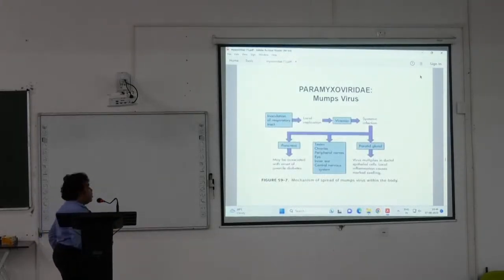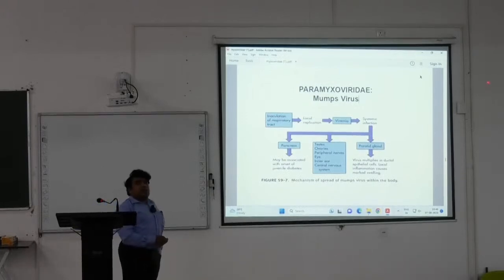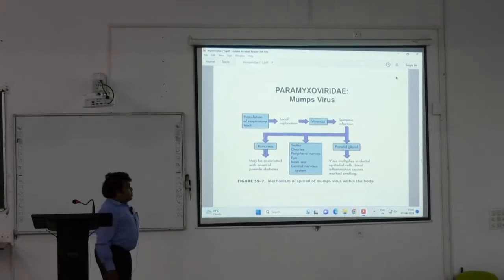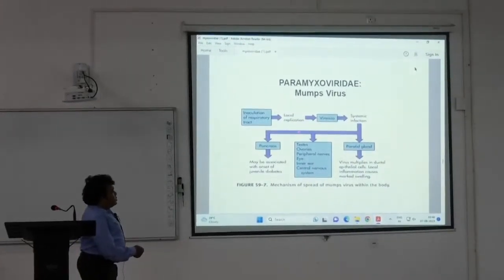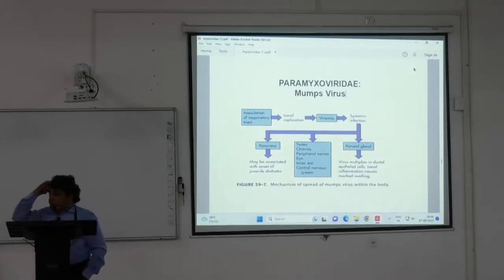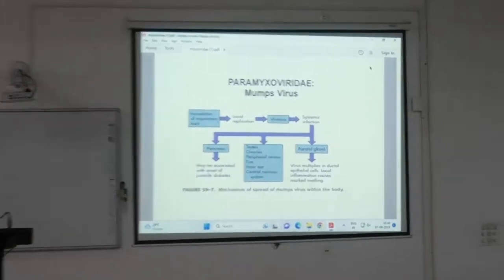So, it is acquired by respiratory tract, local replication occurs, after which viremia occurs, and from blood it spreads to parotid glands, various organs including pancreas, and in pancreas it can cause inflammation, loss of insulin producing cells or the beta cells, and cause juvenile diabetes.